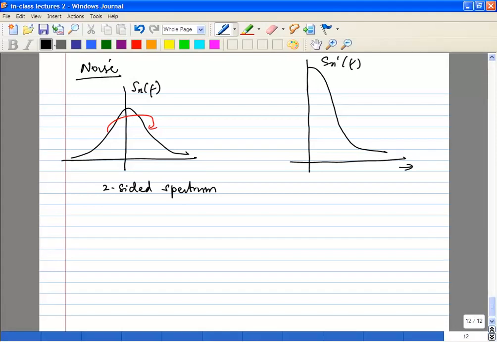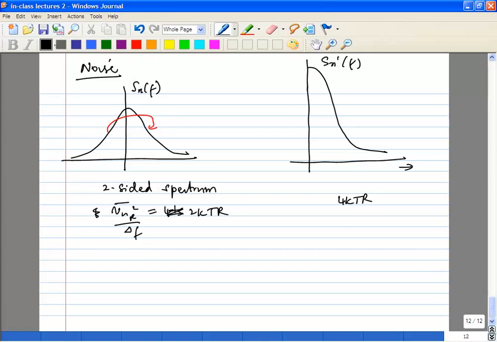To give you an example, the noise is 2kTr, the noise of a resistor, if you consider negative frequencies. But typically in circuit calculations, we tend to use 4kTr.